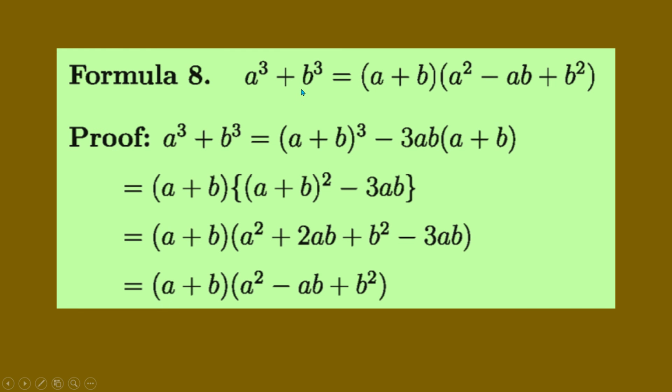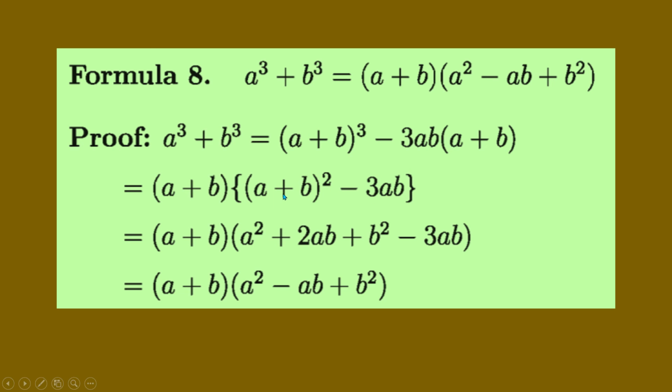Formula 8, a³ + b³ equals (a + b)(a² − ab + b²). We know the corollary a³ + b³ equals (a + b)³ − 3ab(a + b). Okay. And here we can write (a + b) common, because here (a + b) is present, here also (a + b) is present. That means here will be (a + b) and here will be (a + b)², and here keep only 3ab.